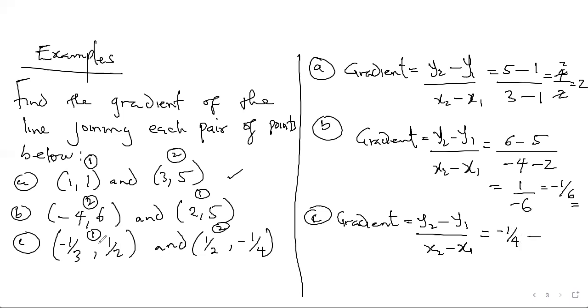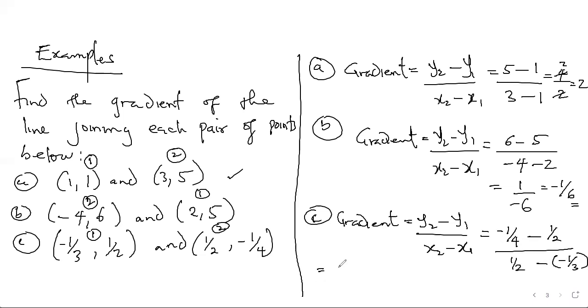Then my y1 will be half, and all over x2 will be half, and x1 will be minus 1 over 3. Minus 1 over 3, so I have to put in brackets, because the sign will multiply this sign.